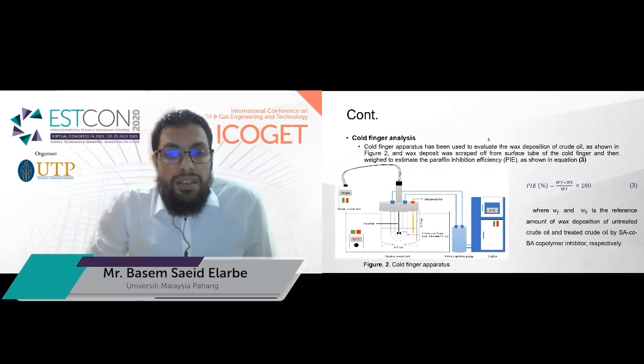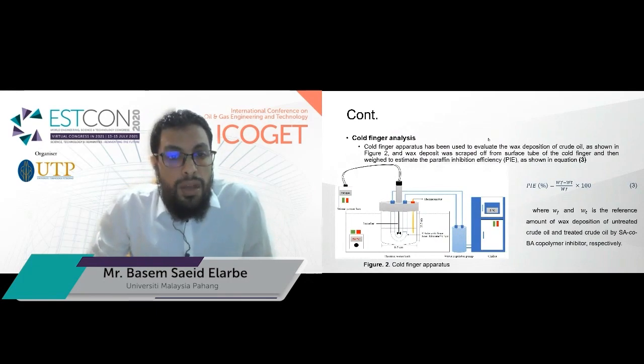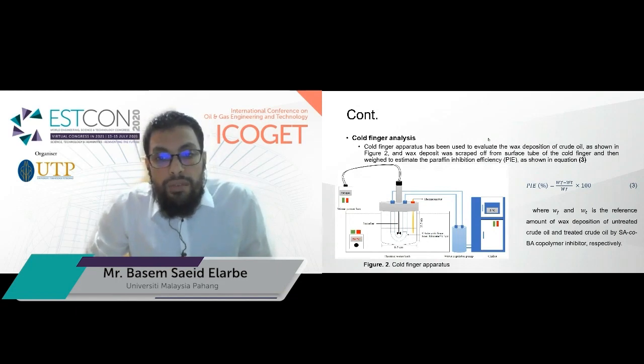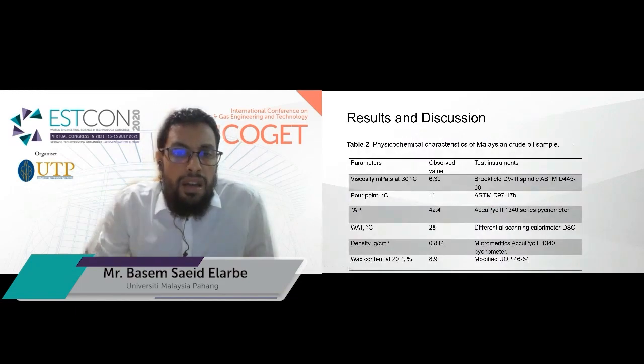This slide shows us the Goldfinger analysis. Goldfinger has been used to evaluate the wax deposition as shown in figure 2, and the wax deposit was scraped off from the surface tube of the Goldfinger and then weighed to estimate the paraffin inhibition efficiency, PIE, as shown in equation number 3. Results and discussion.